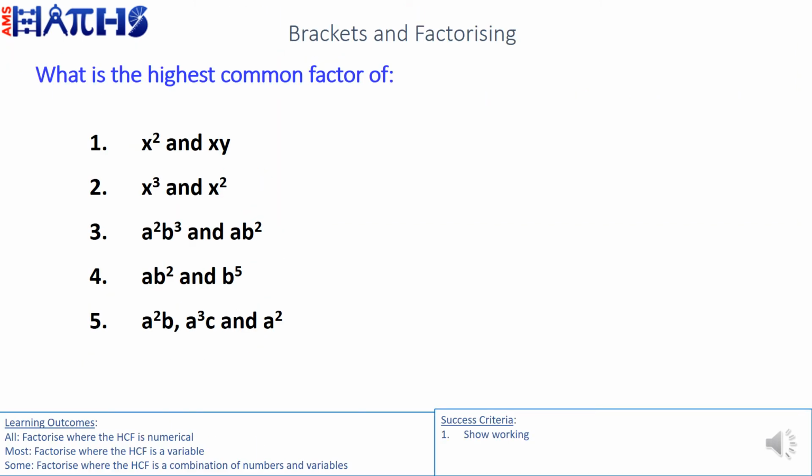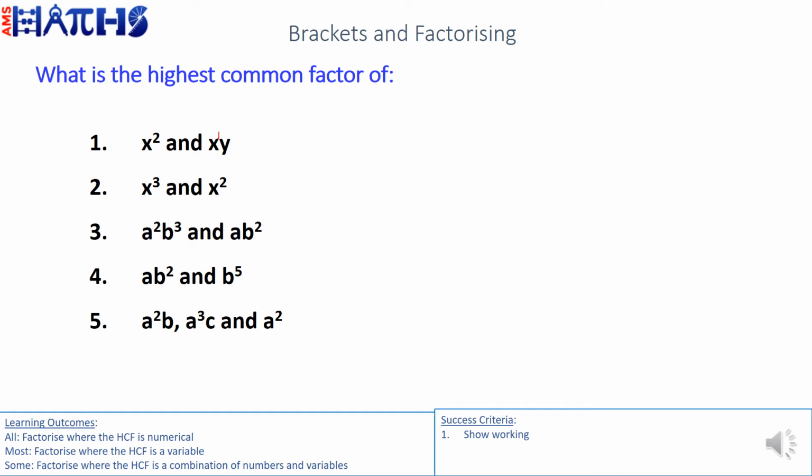Alright, on this slide we're going to check how to find the highest common factor when we actually have variables involved. Okay, so for number 1, we can see that x is common to both, and so we need to know what the power on x would be for this one, and that power is going to be 1.